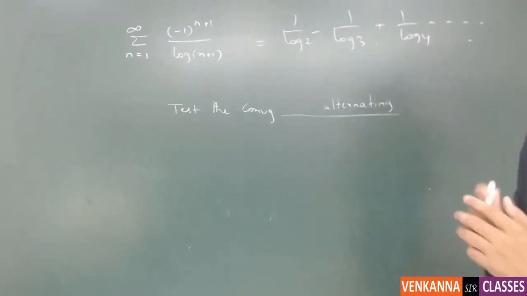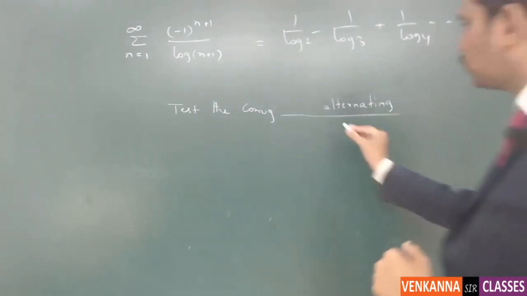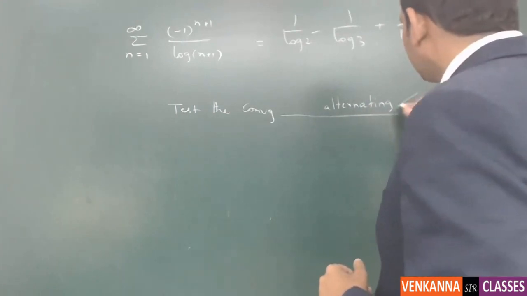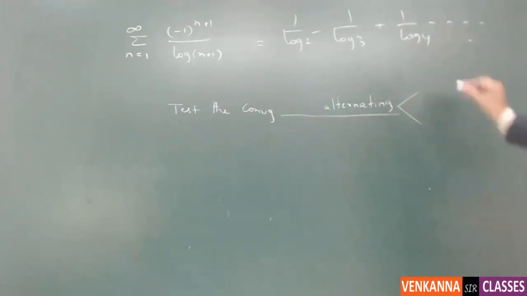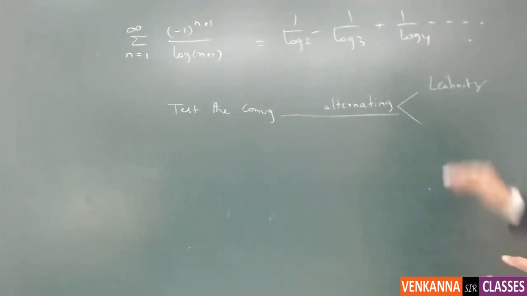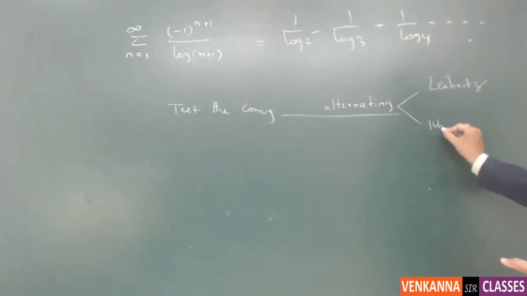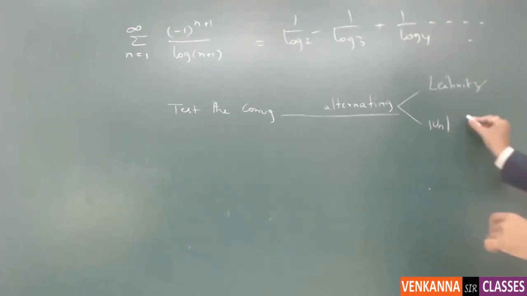Since you have an alternating series, you can go for two approaches. One approach is applying the Leibniz test. Second approach is you consider mod un, means you are checking for the absolute convergence.